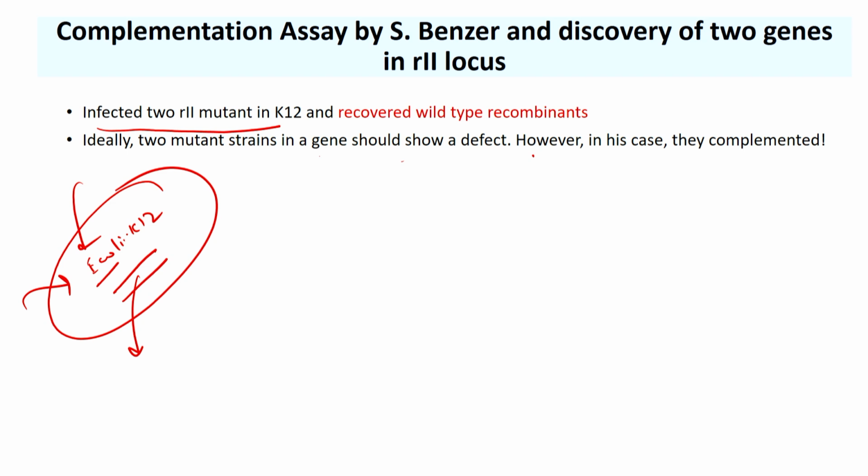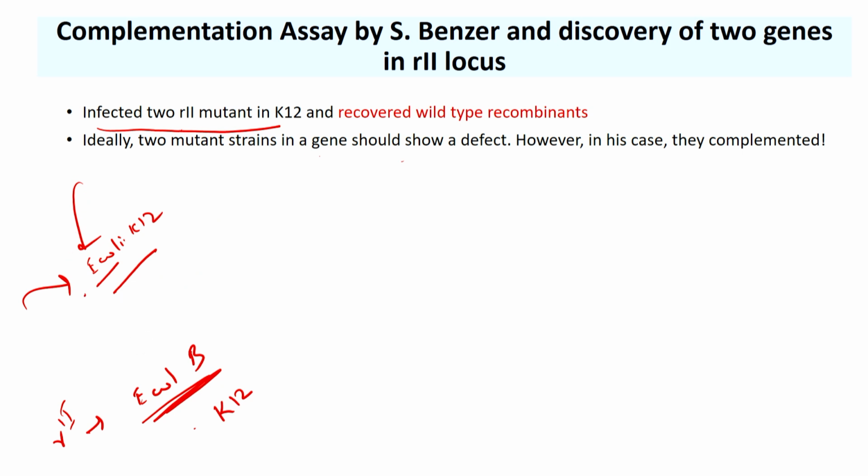In case of E. coli, if you remember me mentioning before, different R2 mutants can infect E. coli B, but cannot kill K12, right. So ideally, if you put the two bacteriophages in E. coli K12, then these two mutants, if they fall in the same gene, should not be able to do anything to this bacteria.